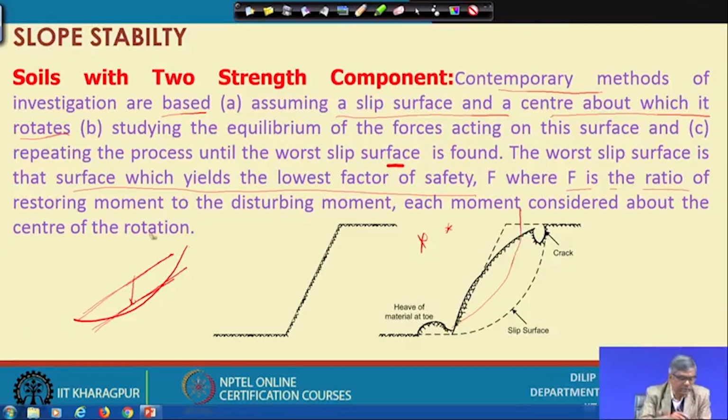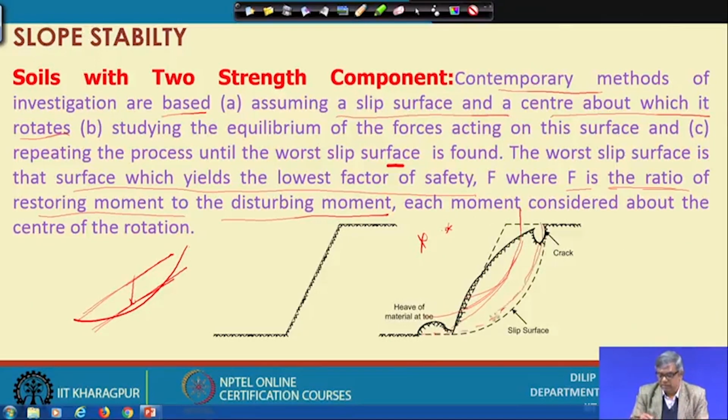F is the factor of safety, and it is the ratio of restoring moment to disturbing moment. The soil mass is trying to move this way, and that is the disturbing moment. Restoring moment is what comes from the shear strength that develops along this failure surface.